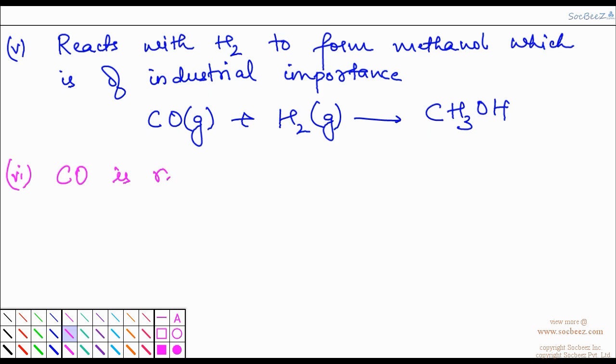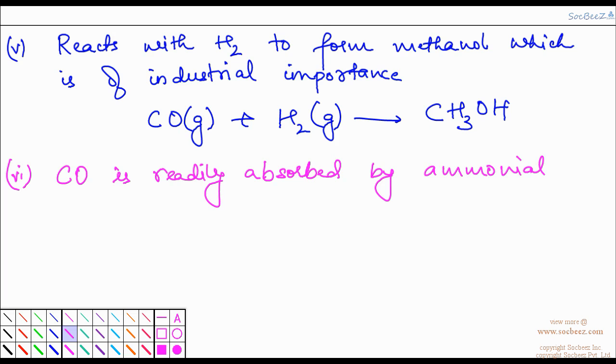CO is readily absorbed by ammoniacal solution. By ammoniacal we mean the solution to which we add ammonia, or the basic solution. Ammoniacal solution of copper chloride.